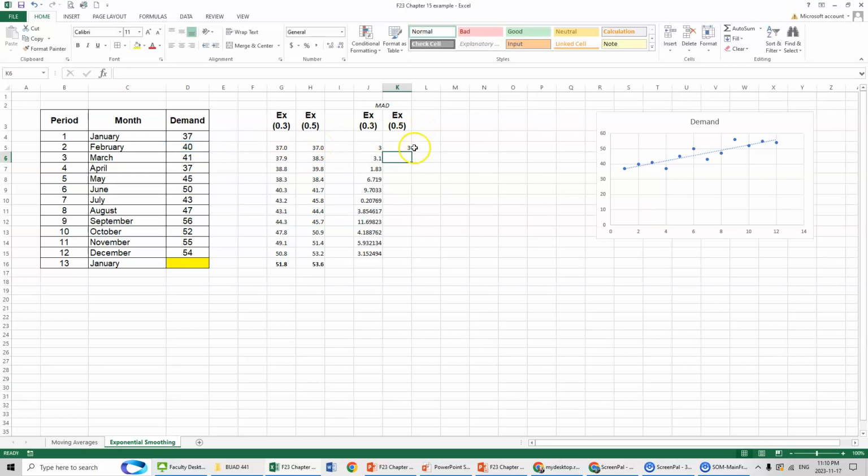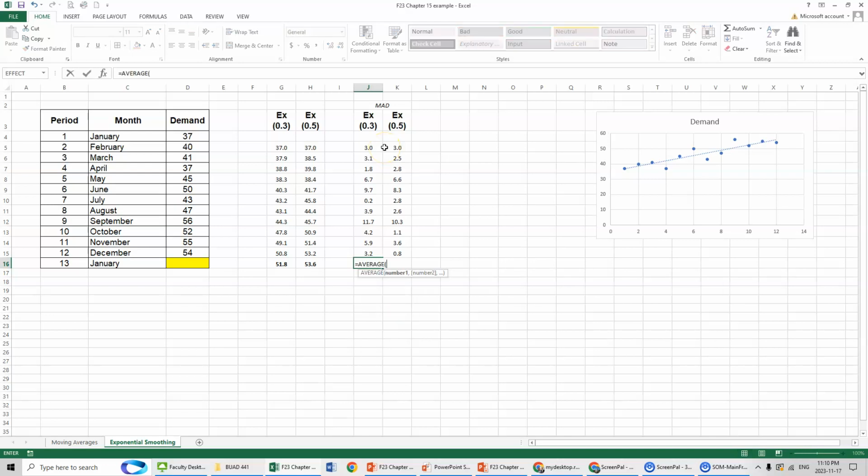And we can drag it down. Let's get rid of some of the decimals, not too many. Then we calculate the mean absolute deviation, which is the average of all of our values. 4.9, let's embolden that, versus 4.0. So this says that the exponential smoothing method using an alpha value, or smoothing constant, of 0.5 is more accurate.